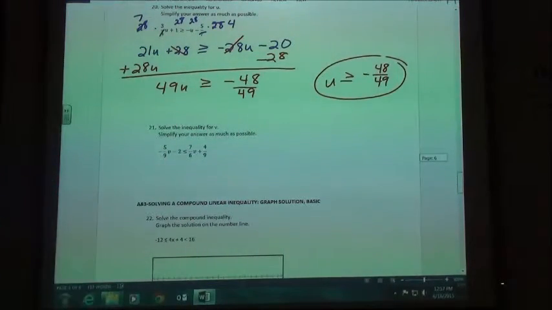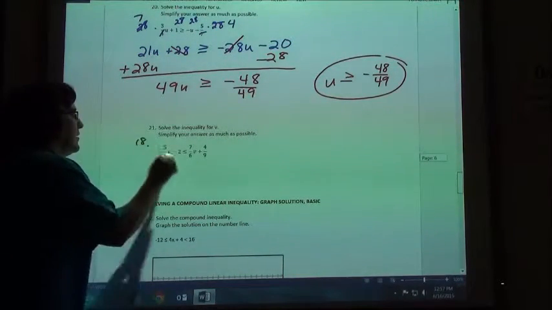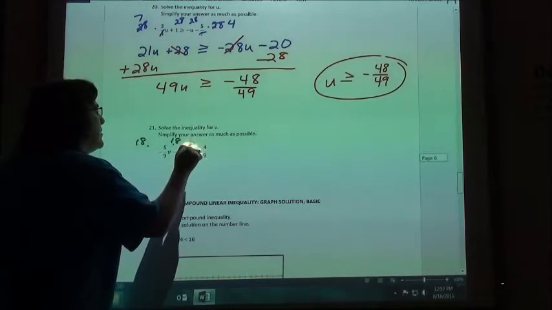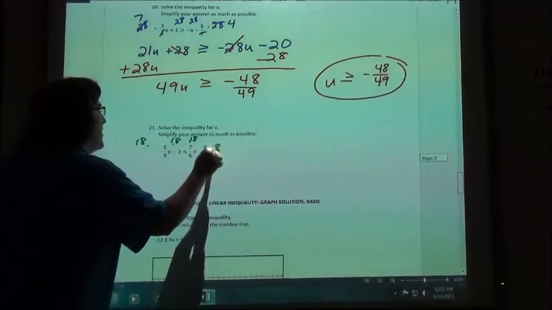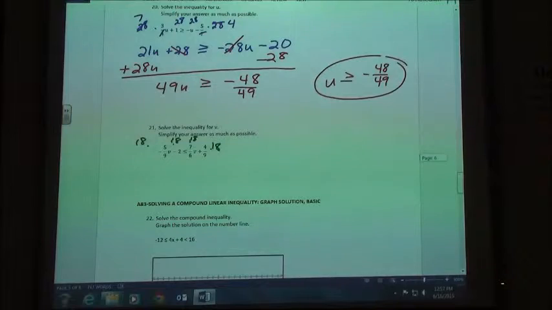So number 21, if I want to get rid of my fractions, I'm going to multiply by 18, right? That's my least common multiple of 9 and 6. So if you multiply everything times 18, what will I have?